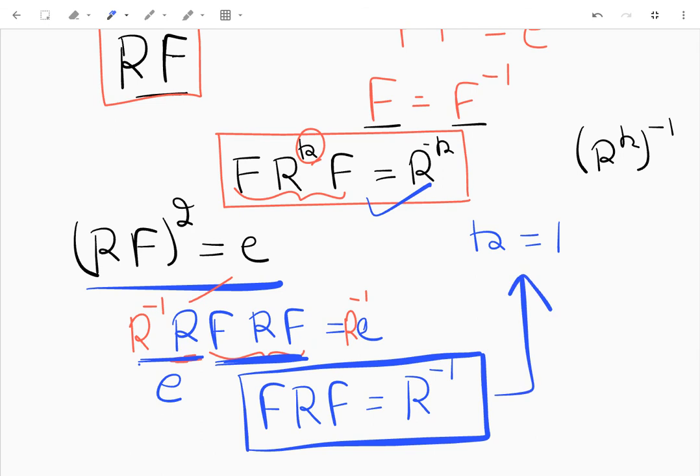Now I'll assume it to be true for k equal to n, and then prove it to be true for k equal to n plus 1. If n is confusing, let's take this p.